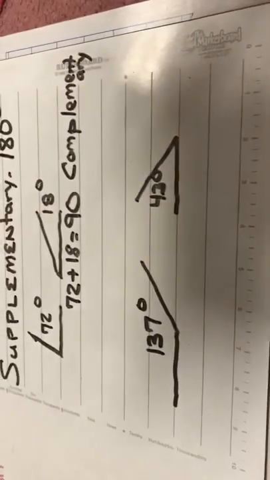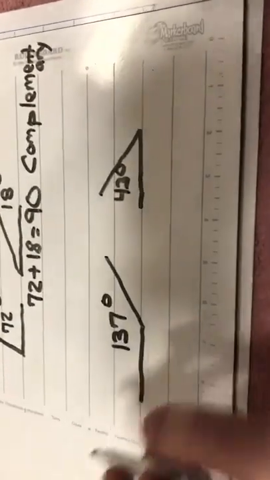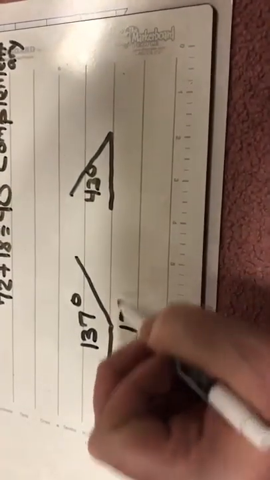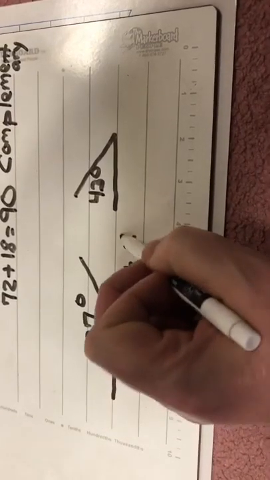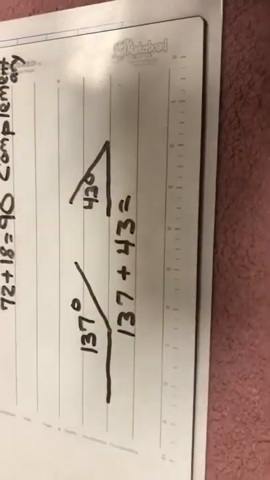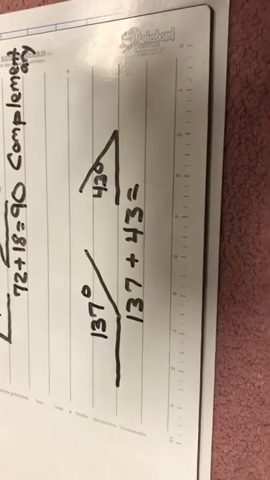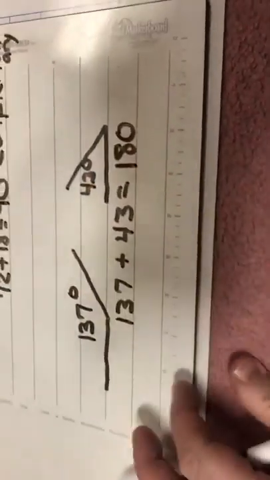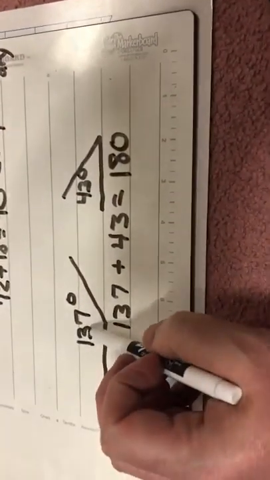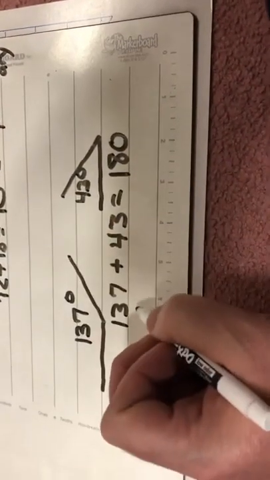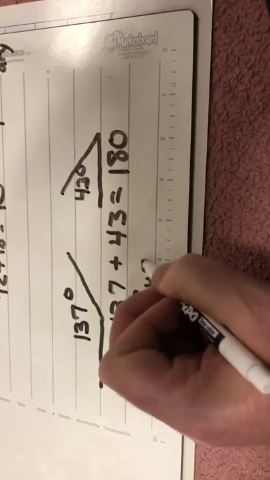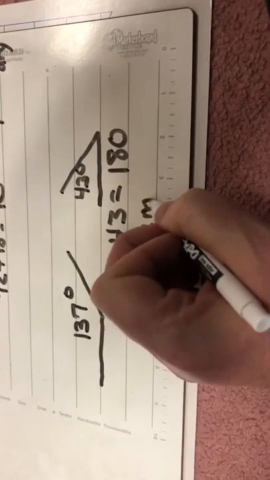So to figure out whether they're complementary, supplementary, or neither, I have to add them together. Got to do 137 plus 43. I'm going to find, sure enough, that that equals 180, making that 137 degree angle and that 43 degree angle supplementary.